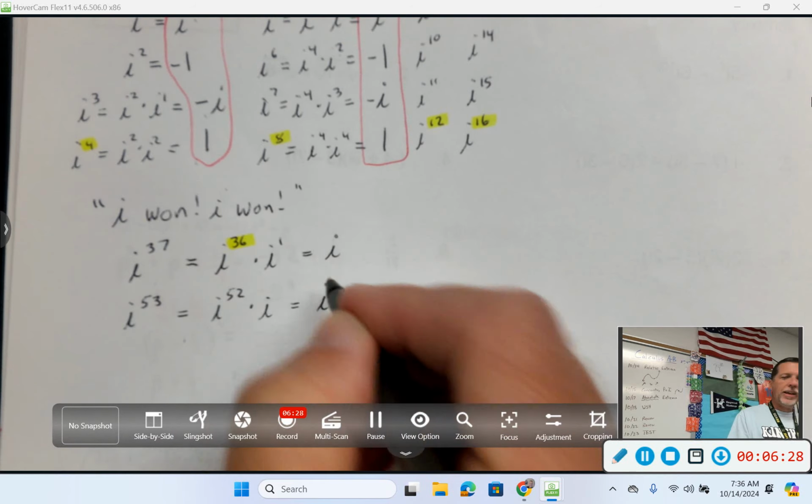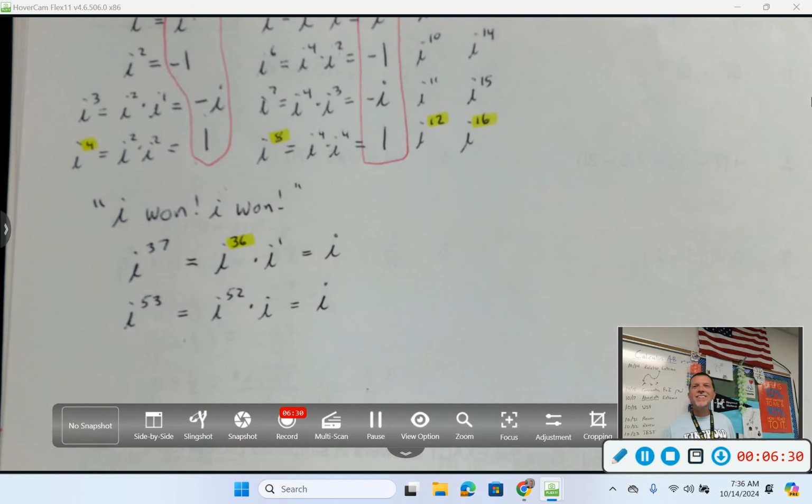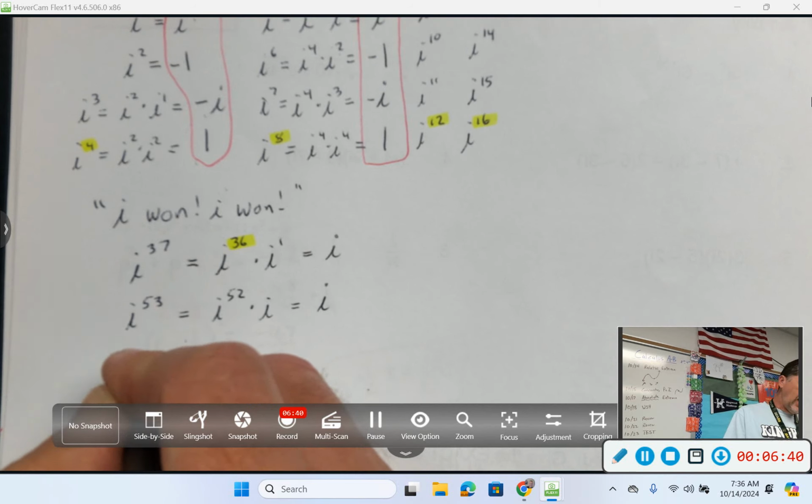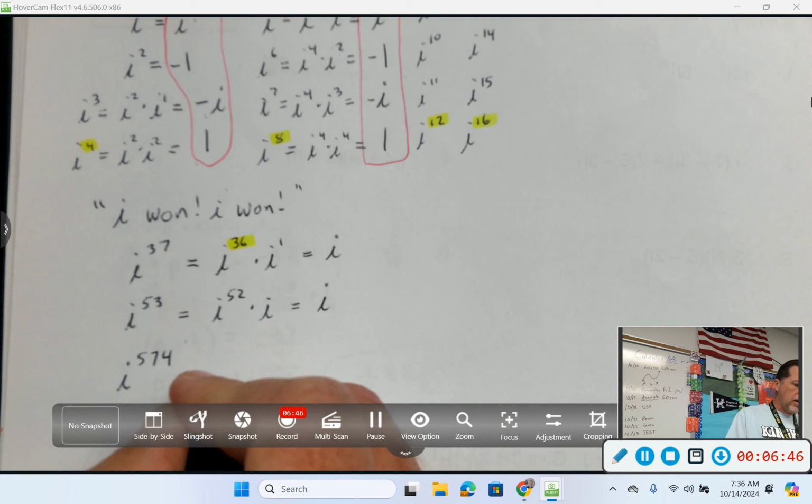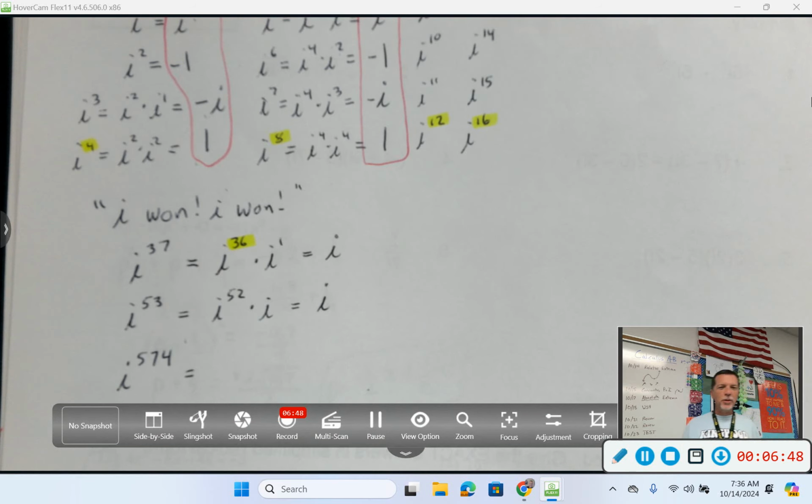Well, that didn't work out like I wanted to because I got the same answer, but now the good news is all the hundreds are multiples of 4. So even if we did i to the 574, 500 is a multiple of 4, so I'm not really worried about that.